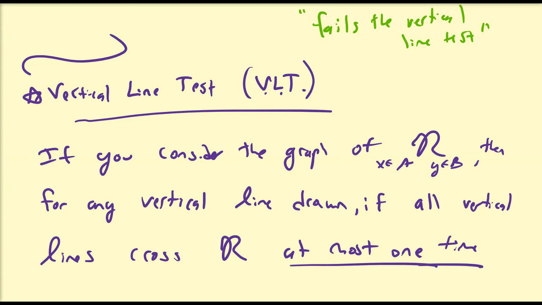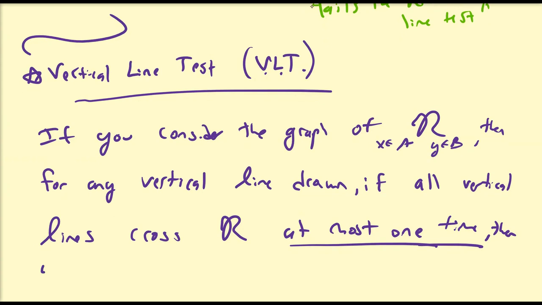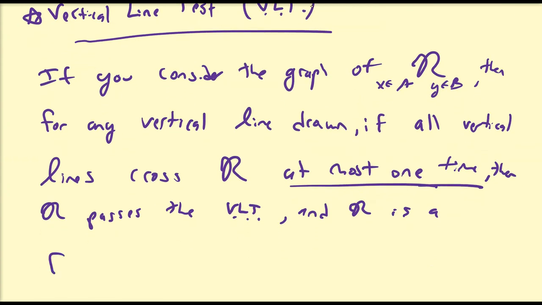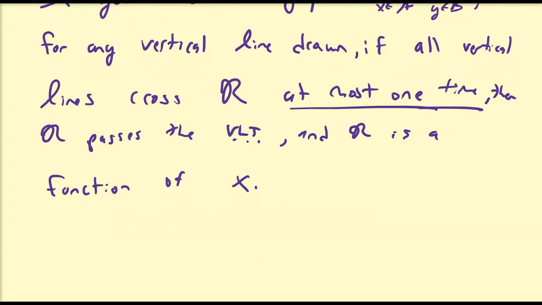It crosses once or not at all. Both of those are okay. Then R passes the vertical line test, and R is a function of x. And that's the wordy representation of the vertical line test.